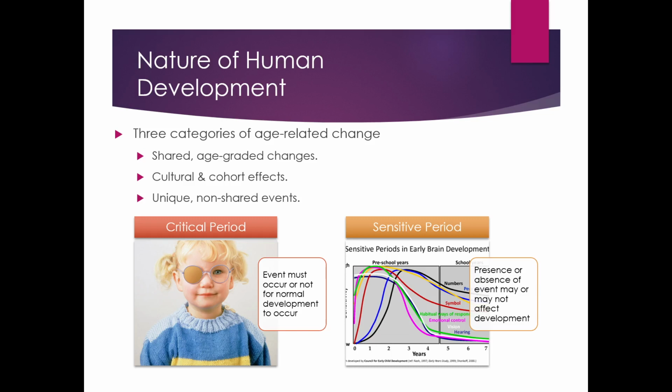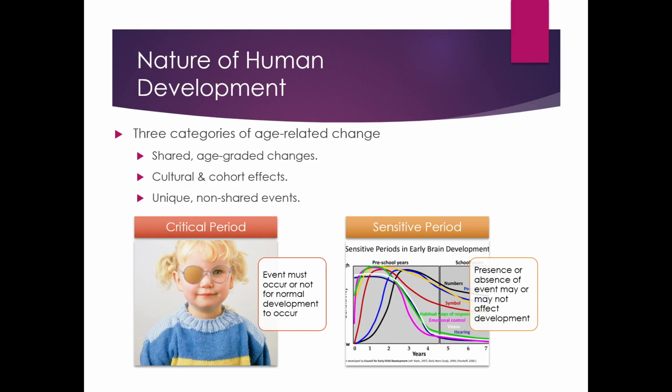It's not a guarantee like in a critical period. It's a possibility that it would have an impact. And so these are the kinds of things we're talking about with unique non-shared events, things that might happen in a critical period and then have an effect, or something that might happen during a sensitive period that might have an effect.